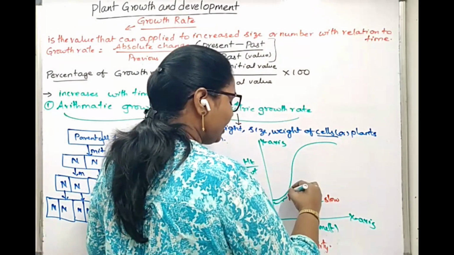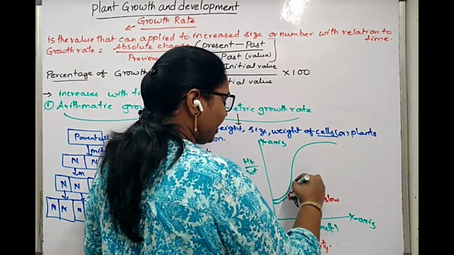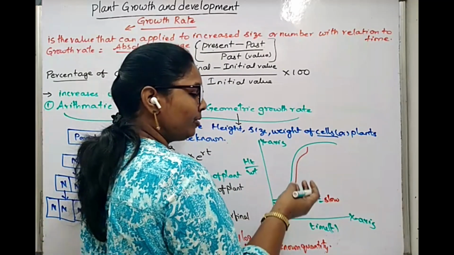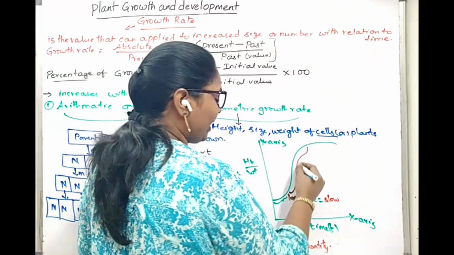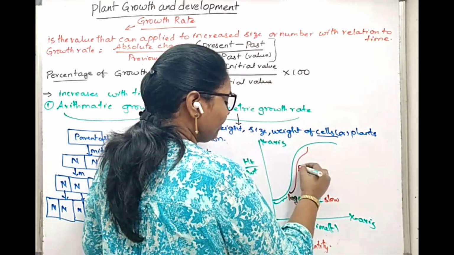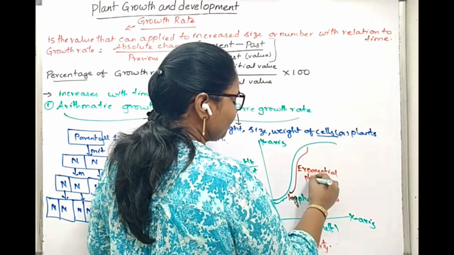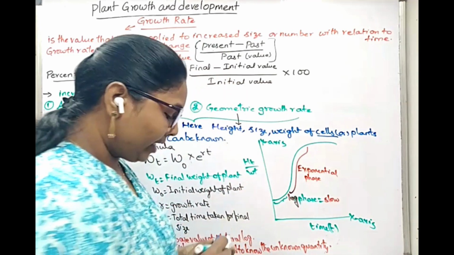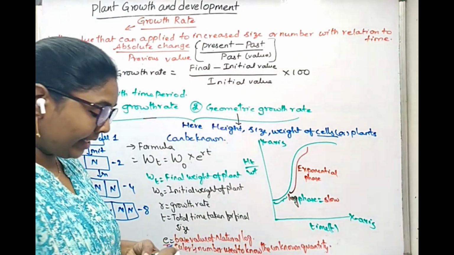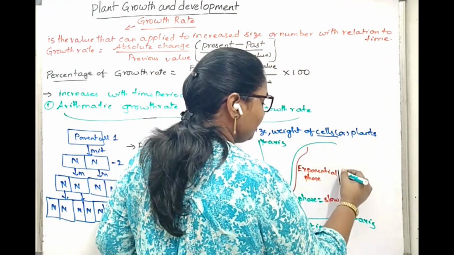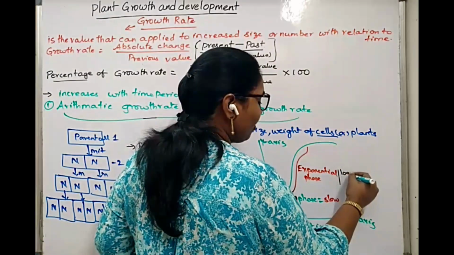Later, the cells will be adapted to that environment and continuously grow and increase a particular number or height or weight of the cells or plant. Now, this is called as exponential phase. In case of exponential phase, the cells are very, very active. This is also termed as log phase.